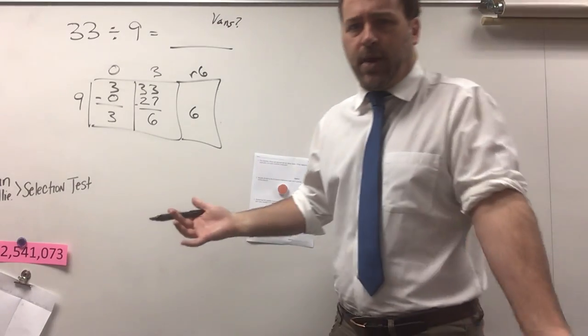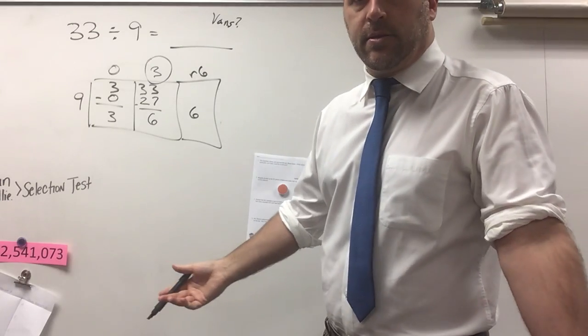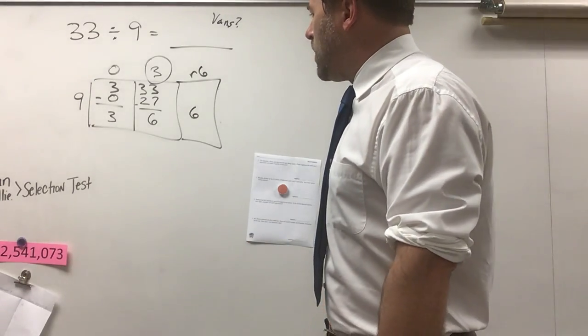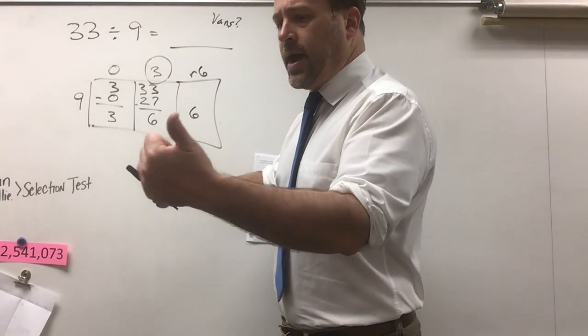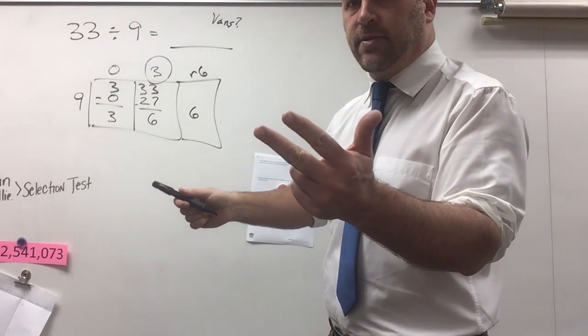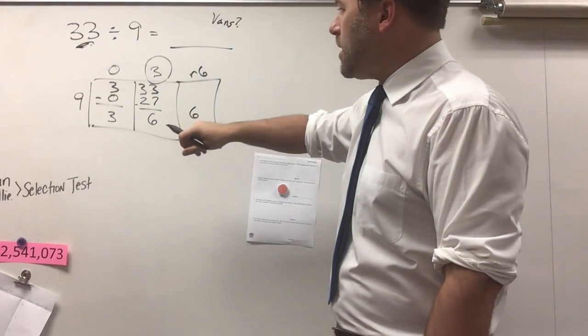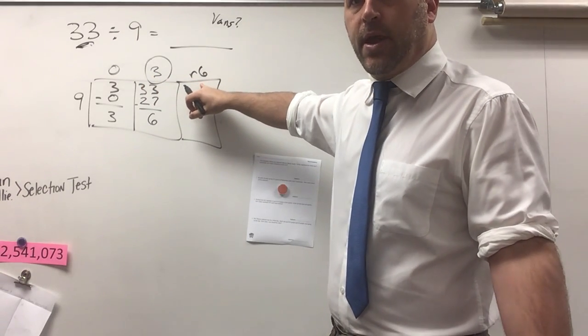We need to give them a number, right? How many vans do we need? Well, let's just get 3 vans, right? Sounds good to me. Well, hold on. Wouldn't 3 vans hold 9, 18, 27 kids? I thought we were taking 33 people. So if we had 3 vans, 6 people would be left behind, right?